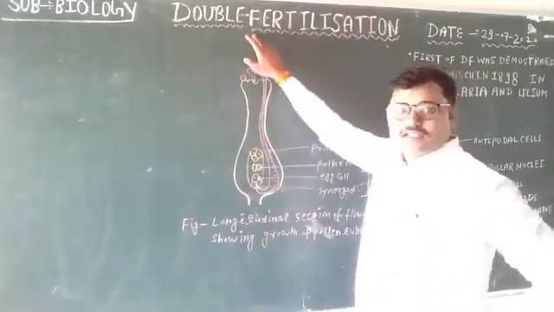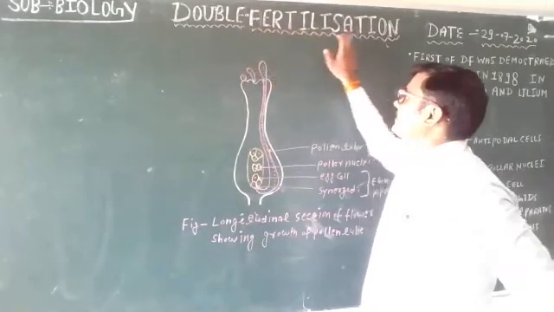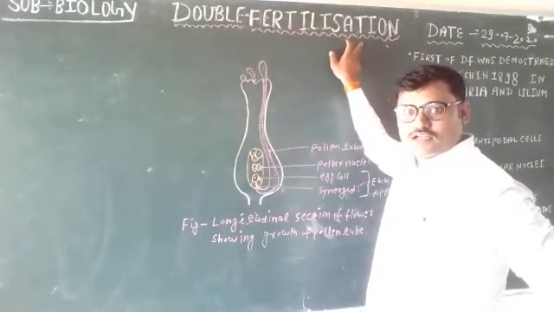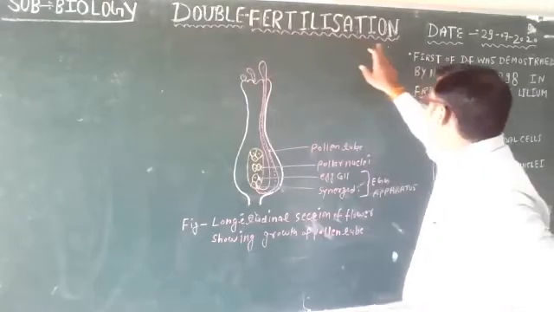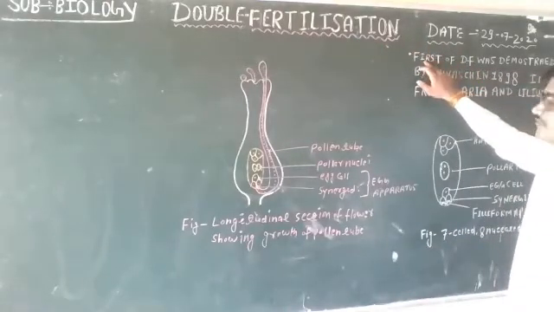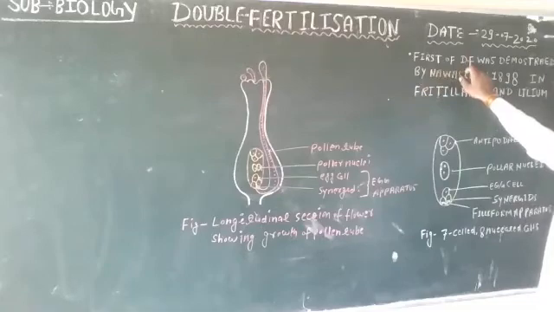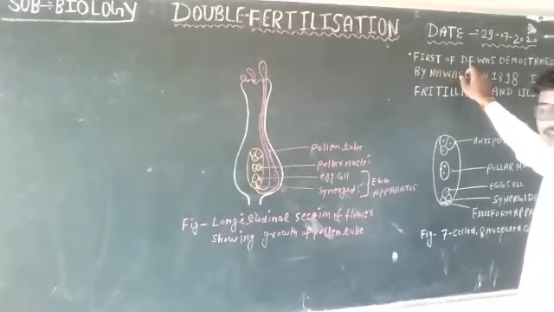Today we'll discuss double fertilization. DF means D for double, F for fertilization.